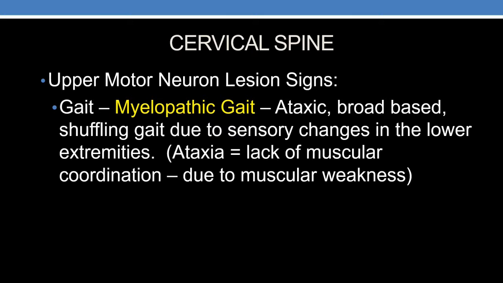Well, in the case of myelopathy, we have a loss of coordinated muscular function, and that manifests itself clinically as the myelopathic gait. Typically the myelopathic gait is described as an ataxic gait. Ataxia means that there's a lack of muscular coordination, and this lack of muscular coordination is due to muscular weakness, both of which are due to disruption of descending motor tracts.